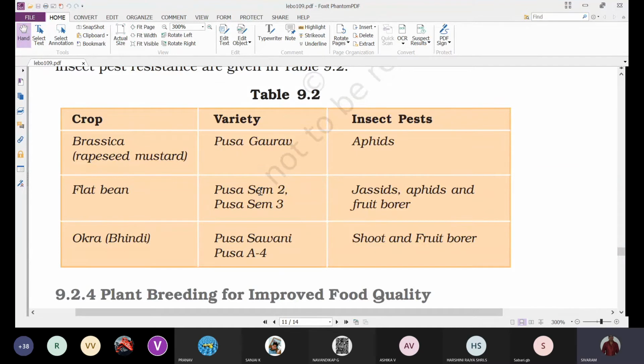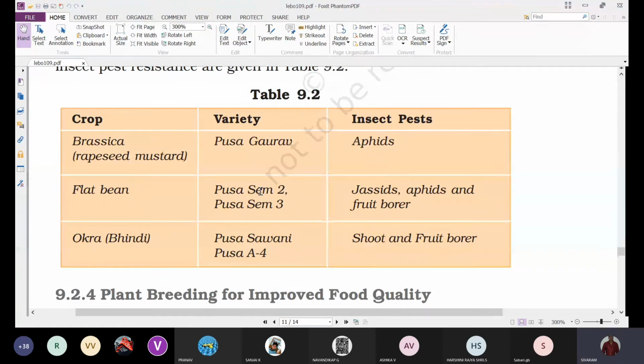First one, brassica, that is mustard, rapeseed mustard. Mustard seeds we usually use for seasoning, that black colored small round mustard. They have developed a new variety of this brassica called Pusa Gaurav.